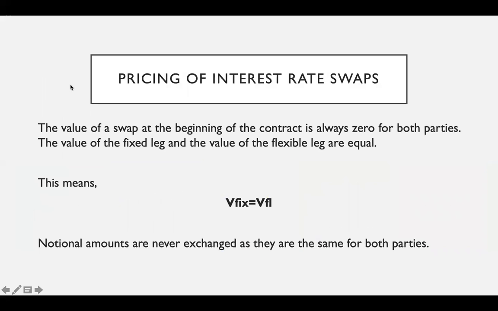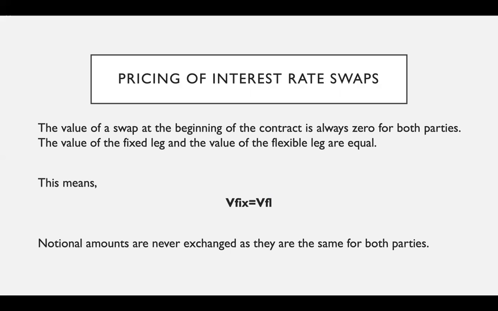So we're going to talk about the pricing of interest rate swaps. The value of a swap at the beginning of the contract is always going to be zero for both parties, which means that the value of the fixed leg and the value of the floating leg are going to be equal at the beginning.